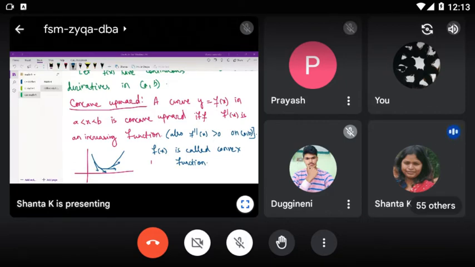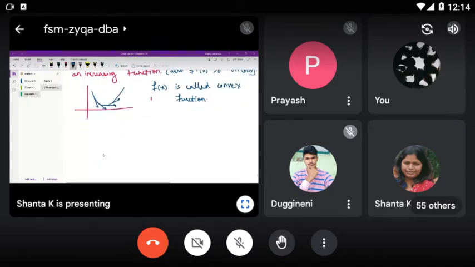Okay. So here, what I'm saying is, f(x) is a convex function simply if you are able to see that f double dash x is positive, that is one of the ways.